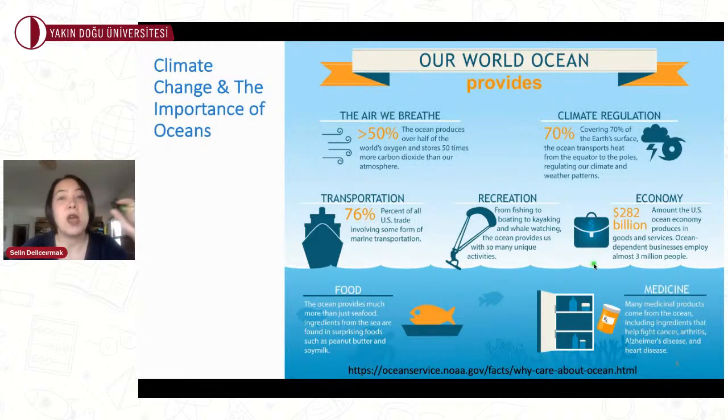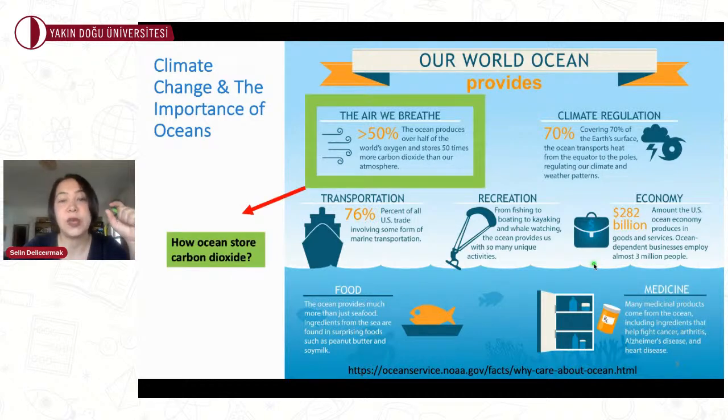But here I would like to talk specifically about the clean air and its carbon dioxide storage capacity. It might be surprising for most of you, but half of the oxygen that we breathe is coming from the oceans.